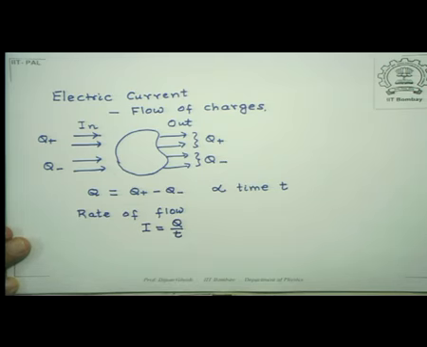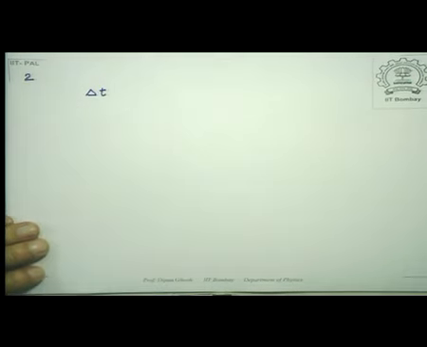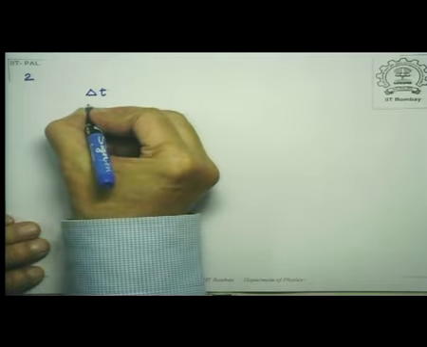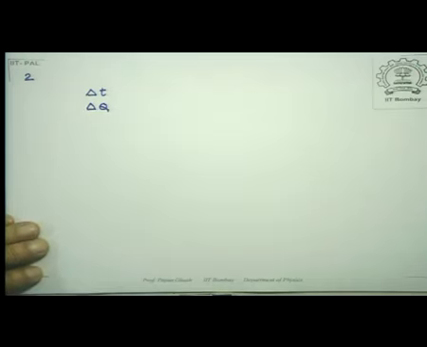Now, this of course assumes that my flow is steady, but supposing it is not. Then I would take the formal definition in a slightly different way. Take a small time interval delta t, during which the amount of charge that flows through that surface is delta q.